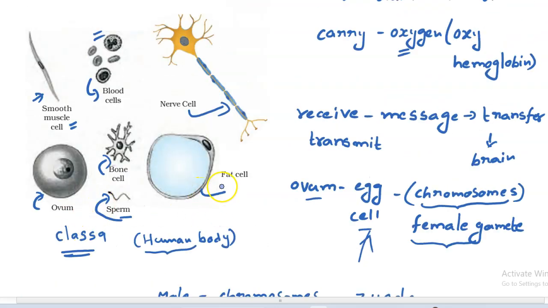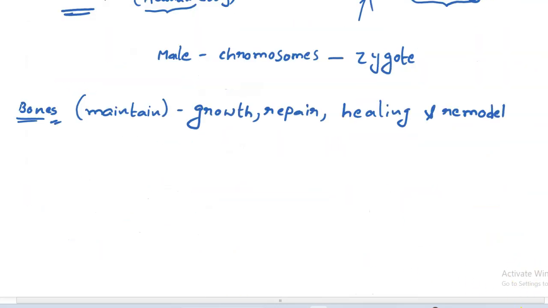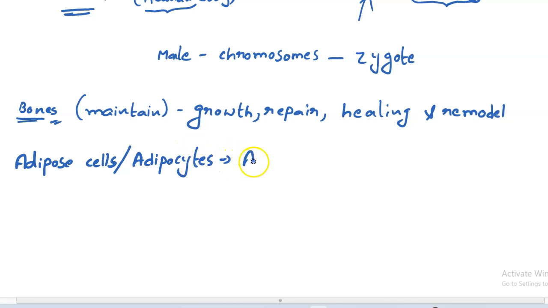The last example here is fat cell, which is also known as adipose cell or adipocyte. Adipose cells or adipocytes or fat cells together form adipose tissue.